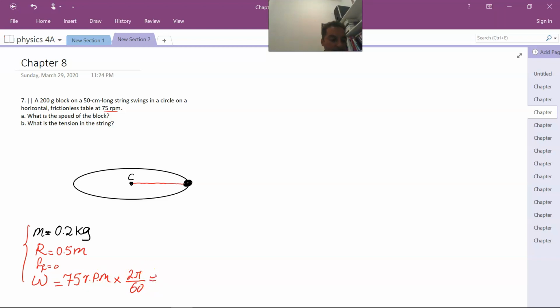If you see RPM, you have to convert it to radians per second with no exception, unless they want you to do something else. So times 2 pi divided by 60. The answer is 7.85.